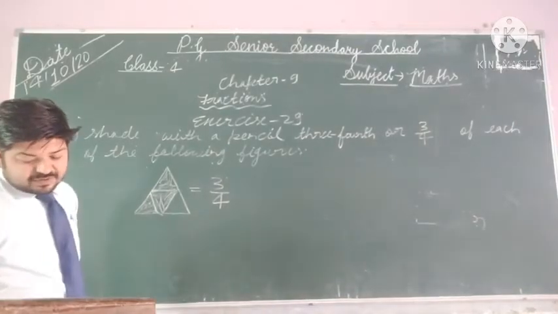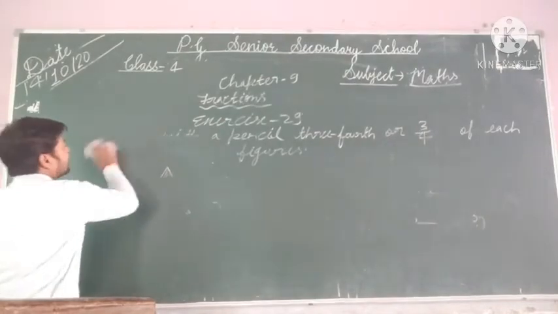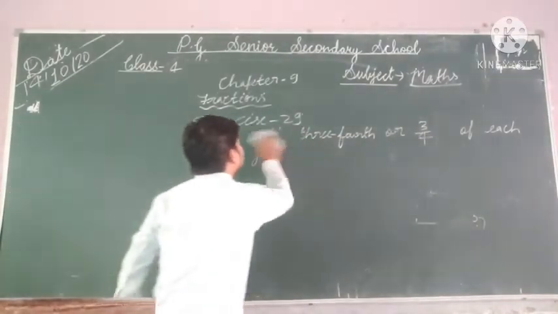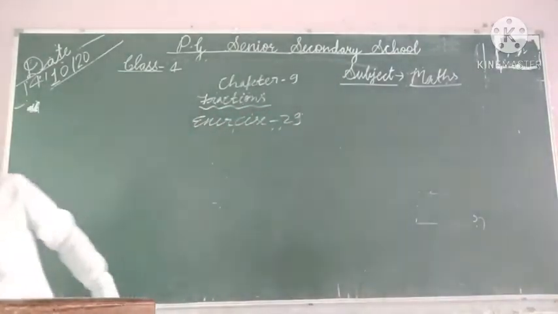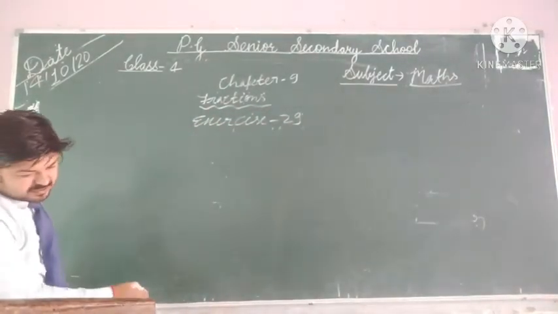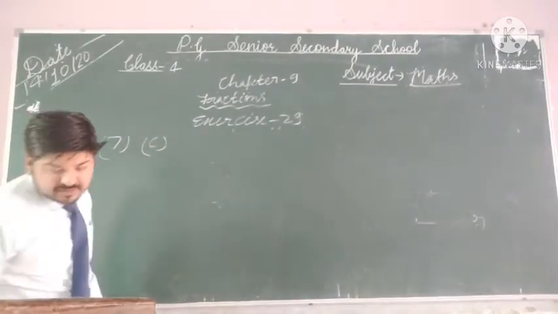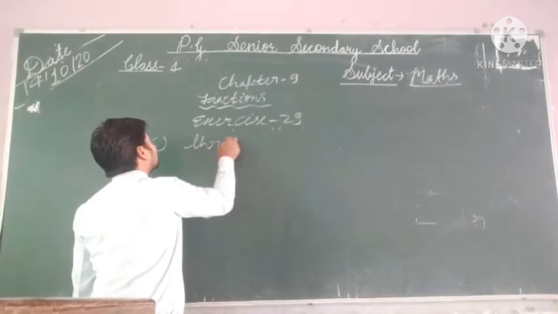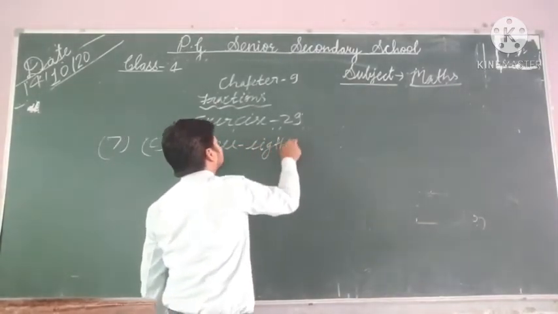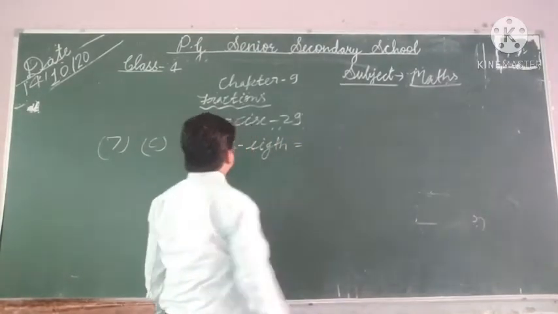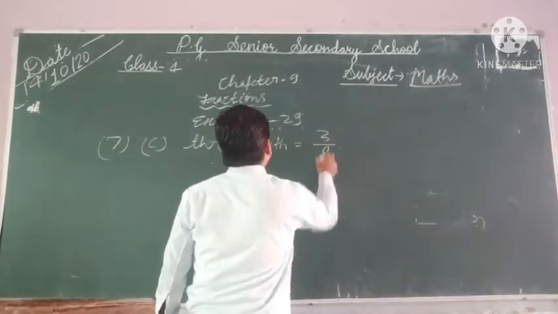Question number 7. What is question number 7 of this exercise? I am going to take 7C. There is written 3/8. What you write here? 3/8.